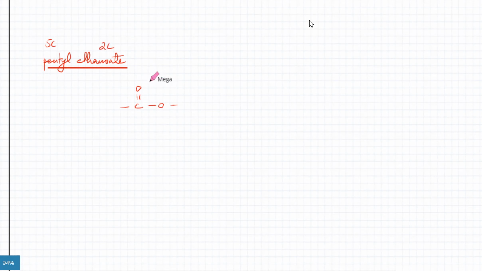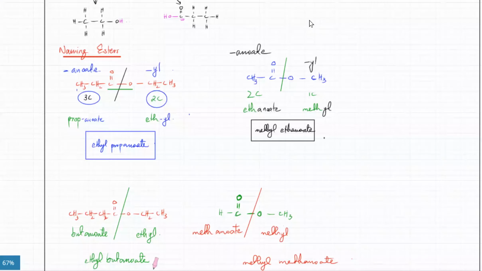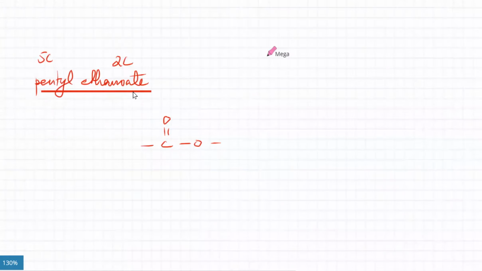One side is going to have 5 carbon atoms. Which side would have 5 carbon atoms, the right side or the left side? It's the right, because we learned that the pentyl part is the side with the single O. Actually not right or left, it's the side with the single O. It could also be drawn the other way around.